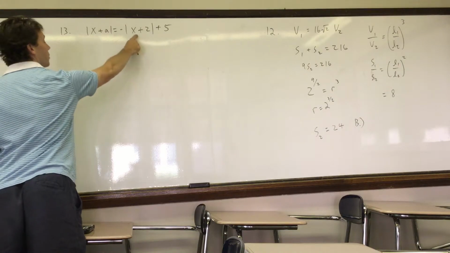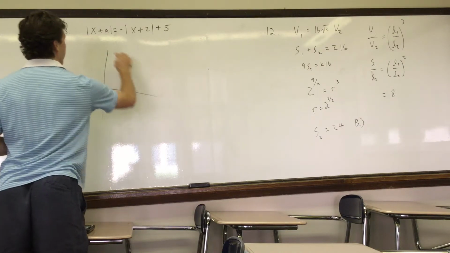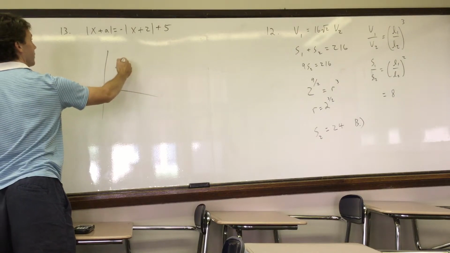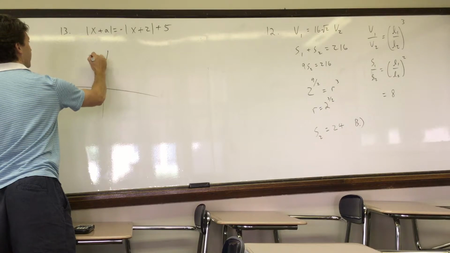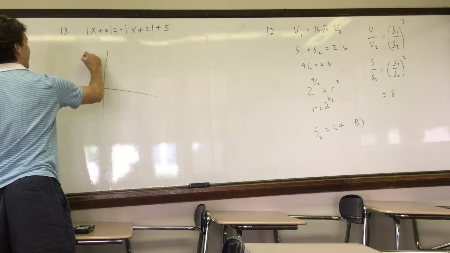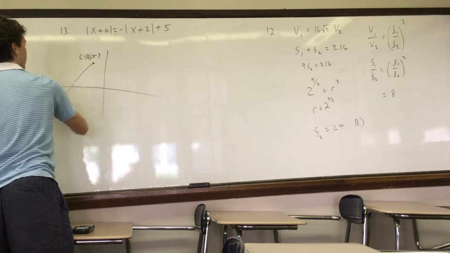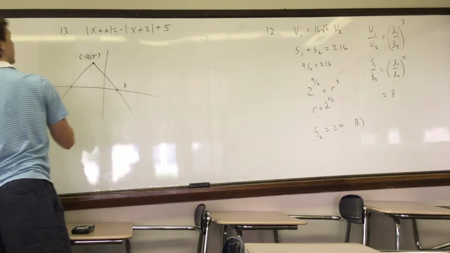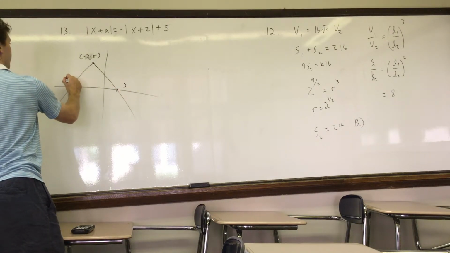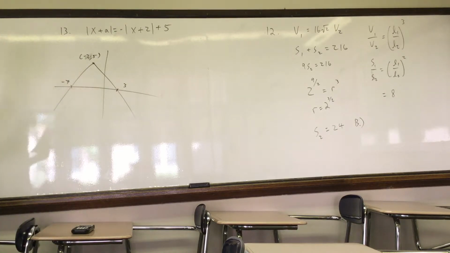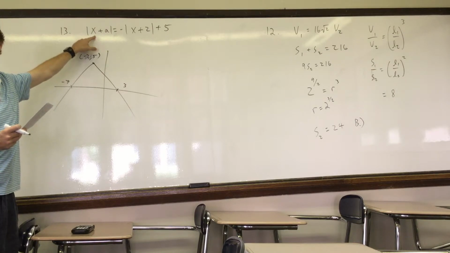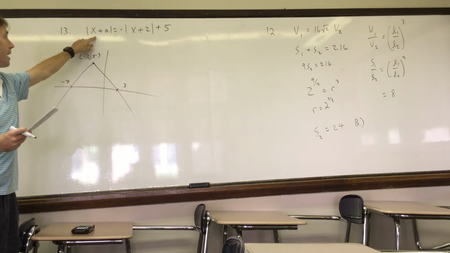say the left-hand side is y1, the right-hand side is y2. The left-hand side is a kind of downwards V with a vertex at (-2, 5), with intercepts at 3 and -7. The right-hand side is just going to be a V shape with a vertex on the x-axis.